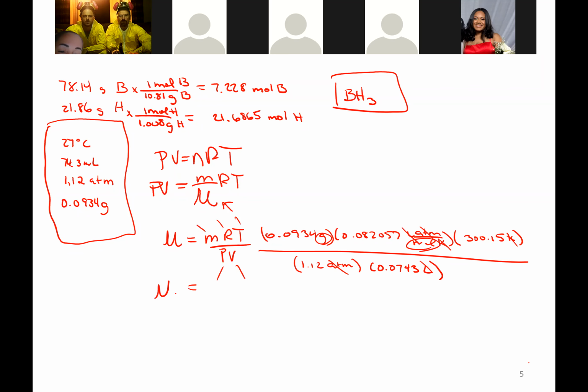What is the answer? What is my molar mass? 27.04 grams per mole.